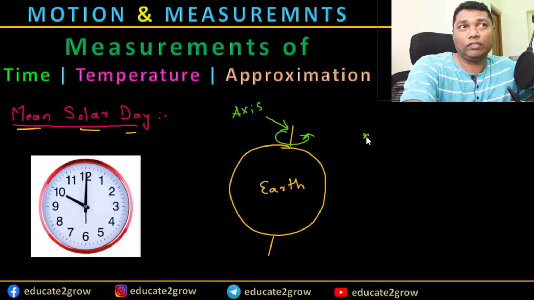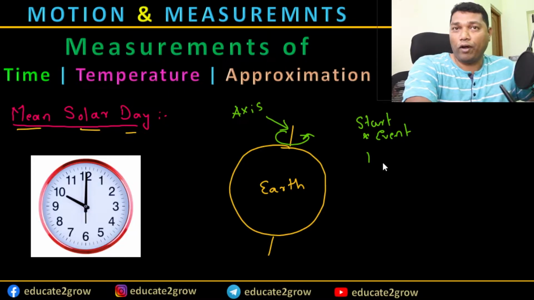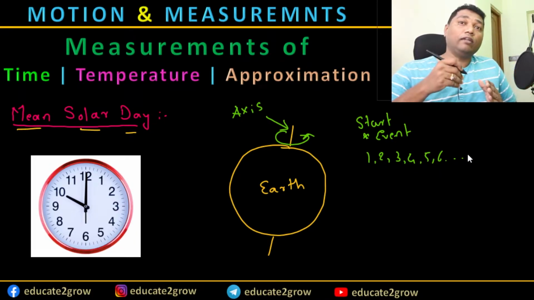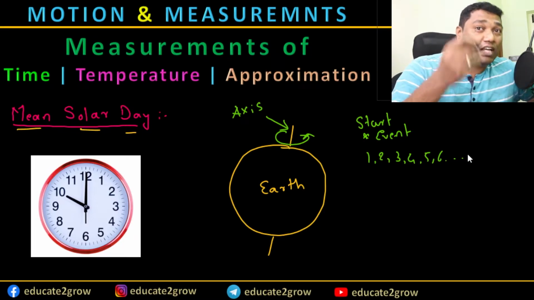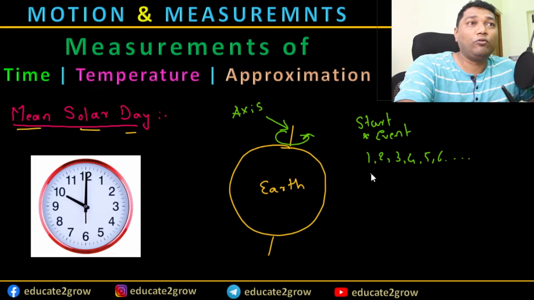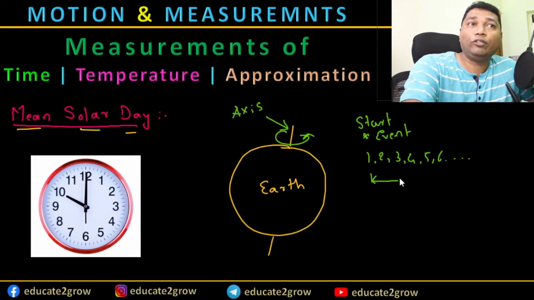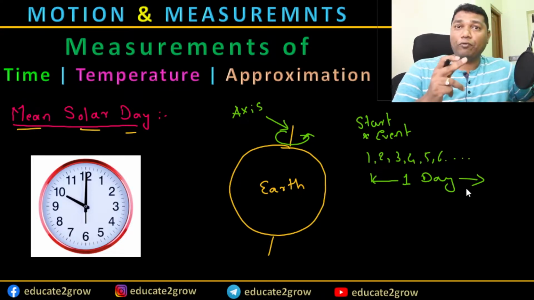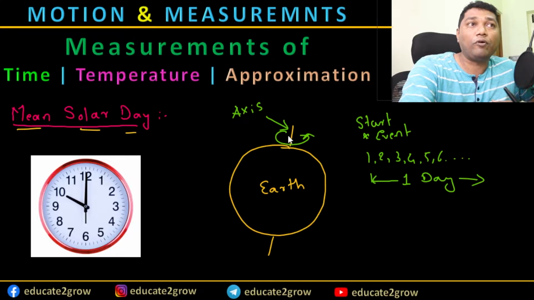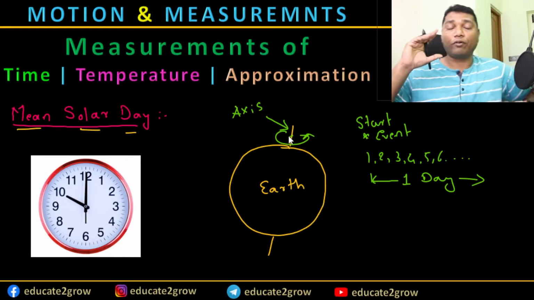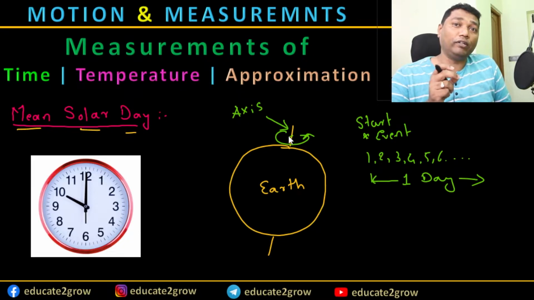When the earth starts, this is one event, the start event. You start counting 1, 2, 3, 4, 5, 6, and so on till the next day at the same time. So you will be counting one complete day. The earth rotates from the start point and comes back to the same point.